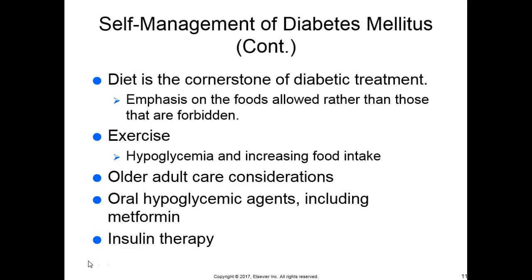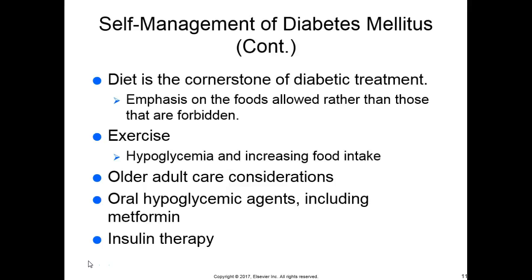In the healthcare system, every time an insulin dose is drawn up, another nurse needs to verify the dose to make sure that it's correct. It's just a safety policy that's done throughout the healthcare field.